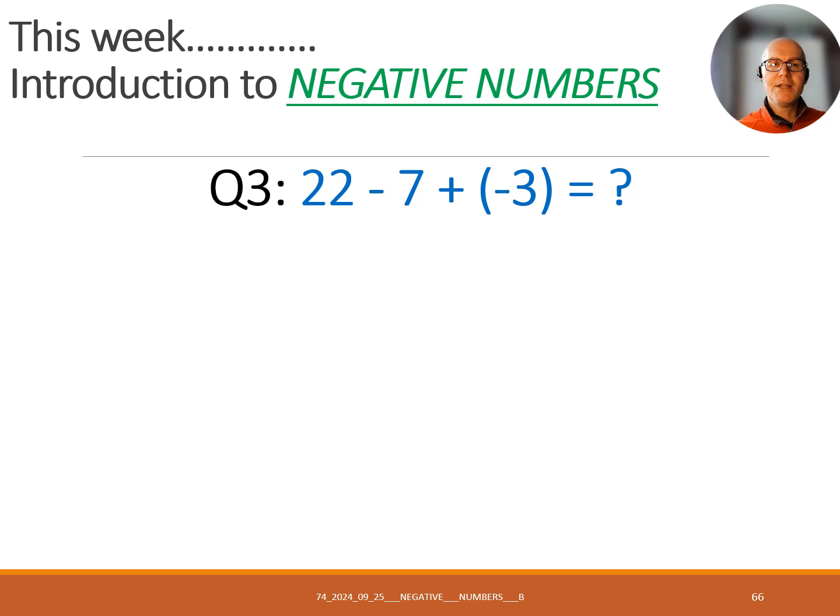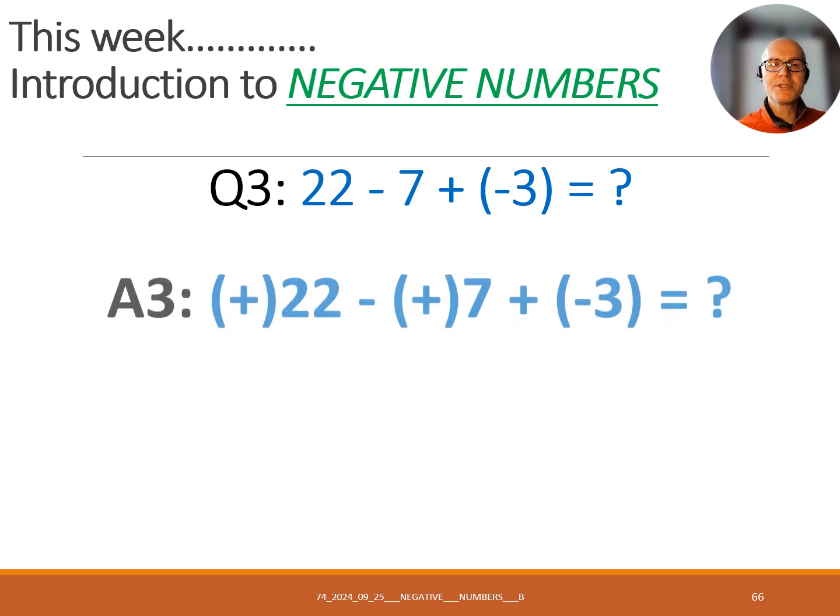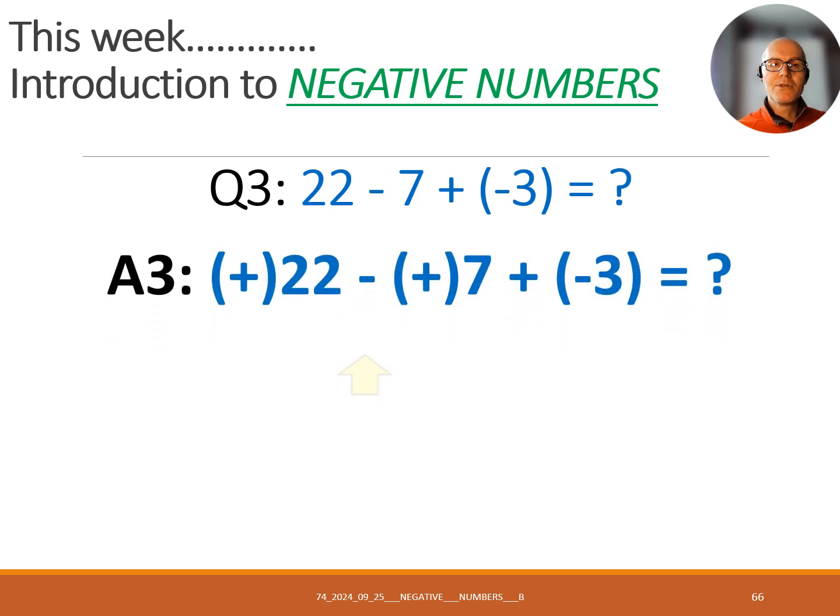Question 3. 22 subtract 7 plus negative 3. Again, let's put the positive signs in. So we are subtracting a positive, so that stays as subtract. Then we're adding a negative. Subtracting a positive stays as subtract.